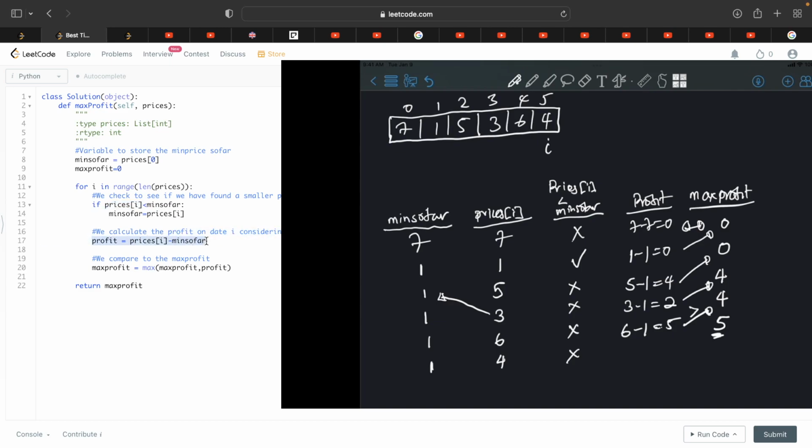In the diagram, it becomes 4 minus 1, which gives us 3. We compare with our max profit. This is less than, so our max profit remains 5. So then we come back here.